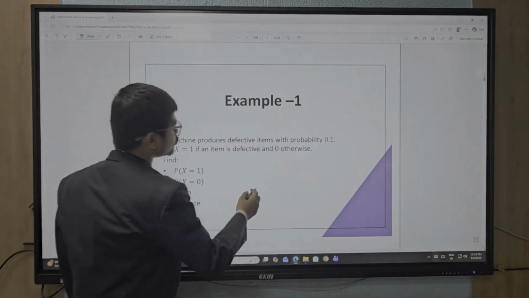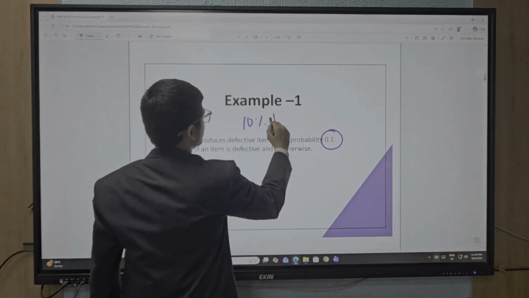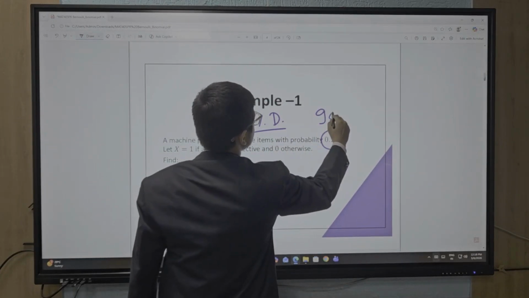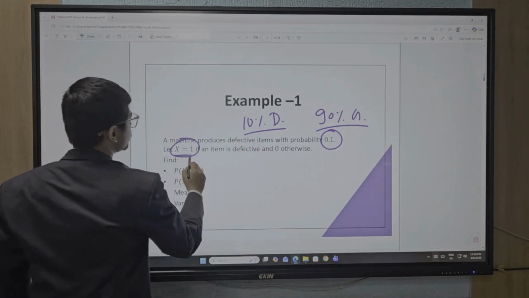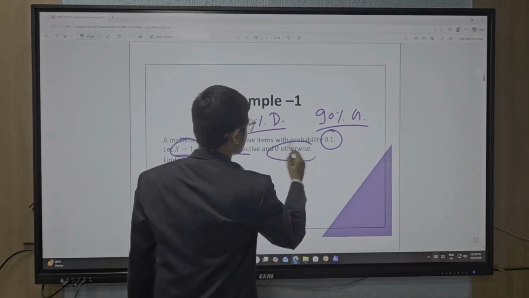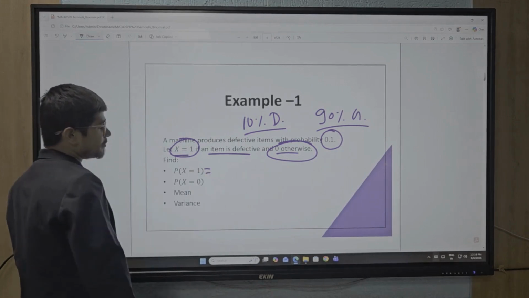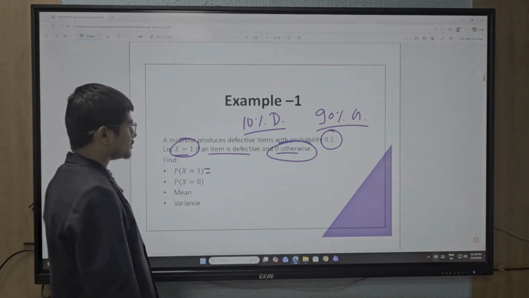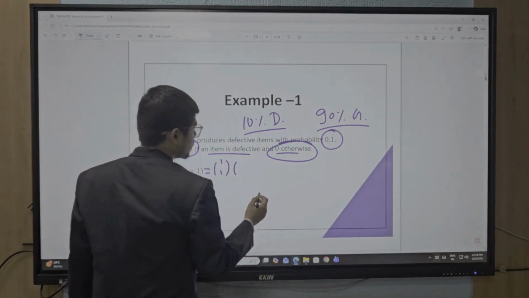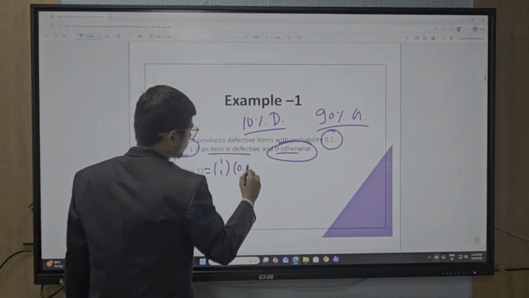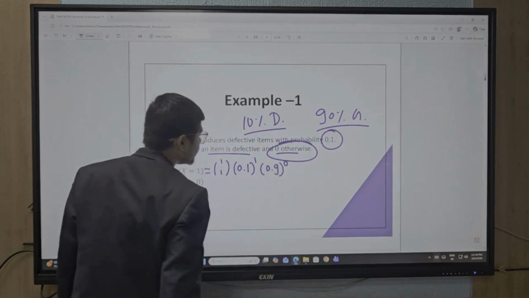So now understand example one. A machine produces defective items, means 10% defective, means 90% are good products. Let X equal to 1 if an item is defective, and 0 otherwise. So what is the probability when X equals 1? It is 1C1 p^x, here 0.1 raised to 1 and 0.9 raised to 0. Why?